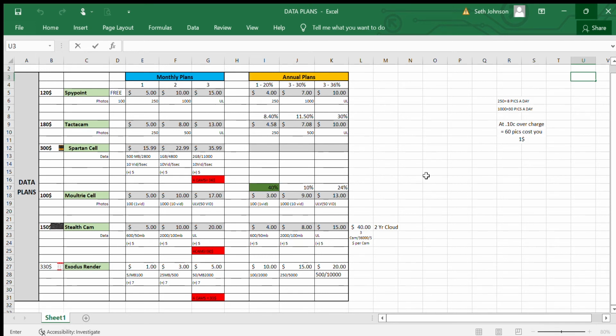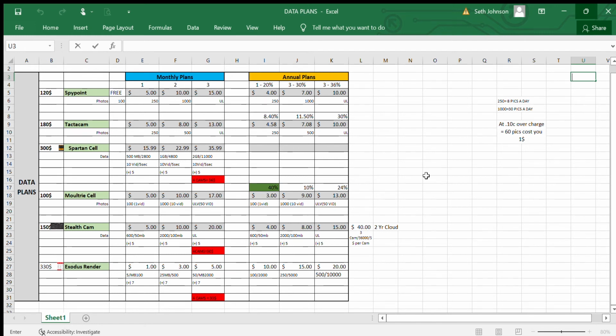But one theme that you will see with the data plans across the cameras and brands that offer them is you are getting significantly more pictures. So if you're setting up a camera over bait, corn, feeders, anything like that, a data plan might be right for you because you're getting more and more pictures, and that makes sense to me.